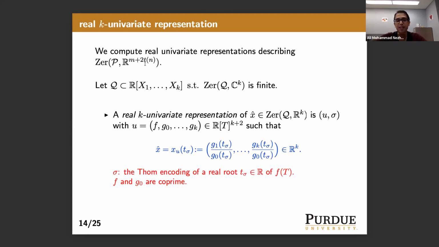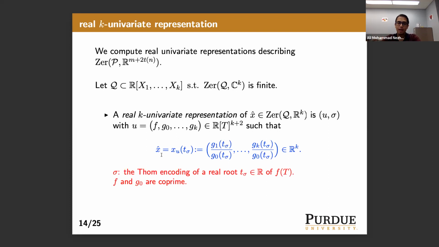And by description, I mean another notion from real algebraic geometry, which is called real univariate representation. It turns out that if we have a finite dimensional system, which means this algebraic set, which is arbitrary, is finite, then every real solution of this system can be identified or described by k plus 2 polynomials and a sign condition.